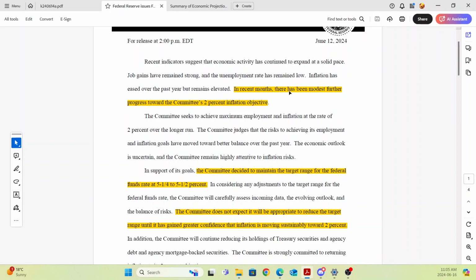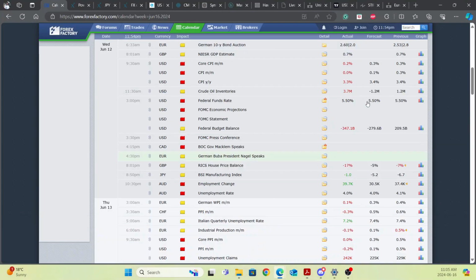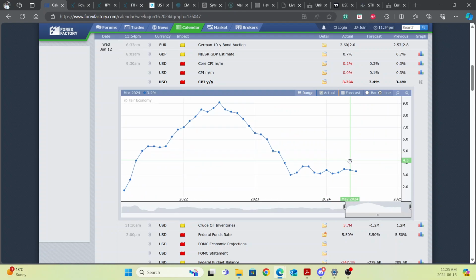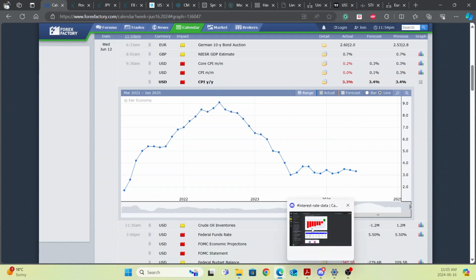In recent months, there has been modest further progress toward the committee's 2% inflation objective. Why are they saying this? Because as I showed you, in quarter two, it has shown a moderate further progress from 3.5% to 3.3%.